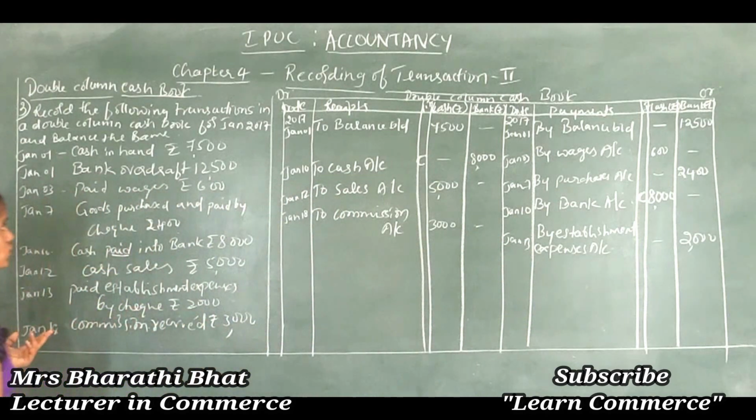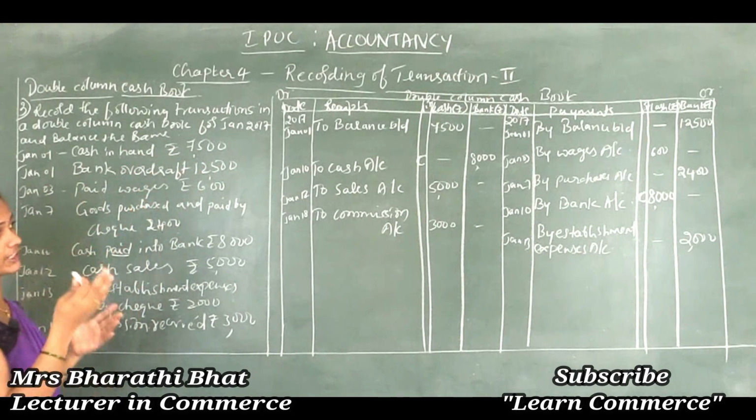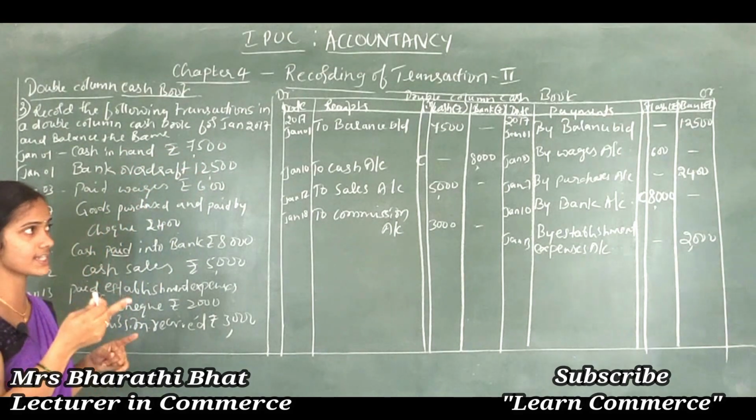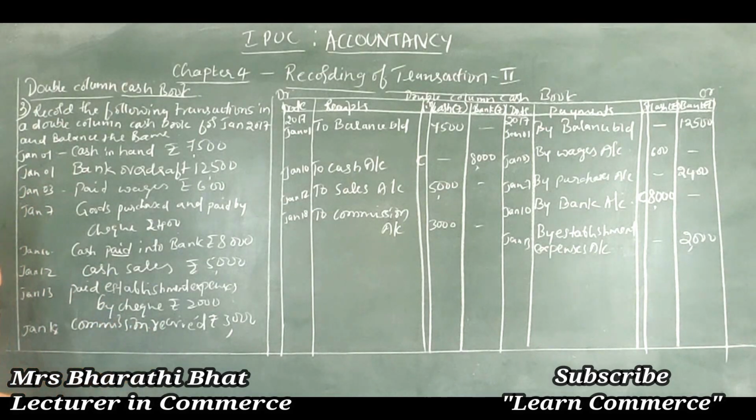Just check once again if you have any transactions left. No, right? Cash in hand we recorded. Bank overdraft is a negative balance, that's why it is recorded under the credit side as by balance brought down. Next, bank overdraft, paid wages. Paid wages means expenses. Goods purchased and paid by check: by purchases, check amount in bank column.